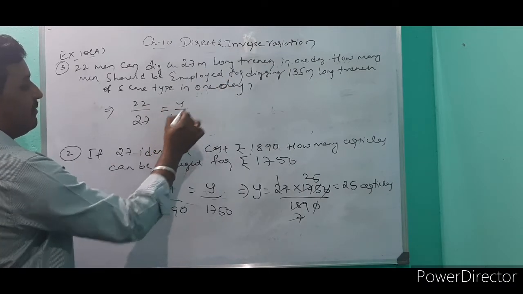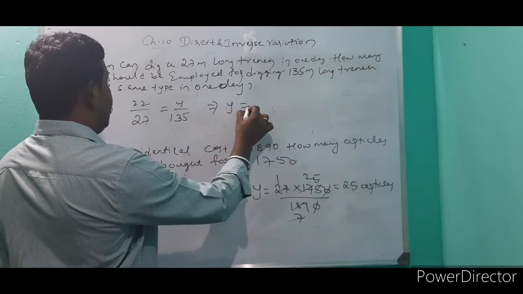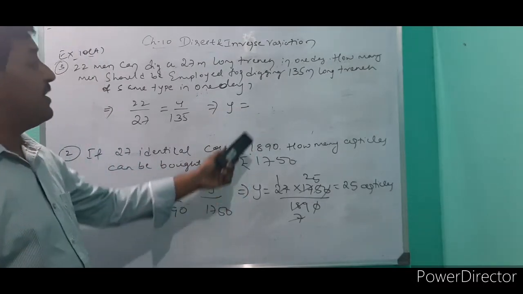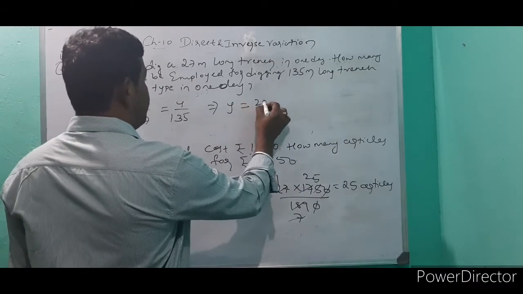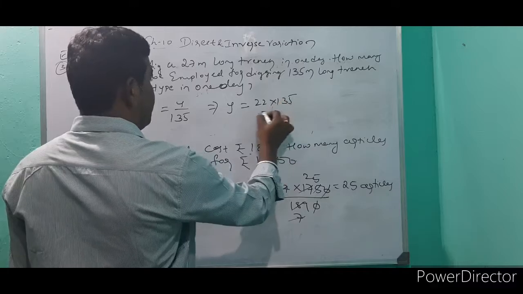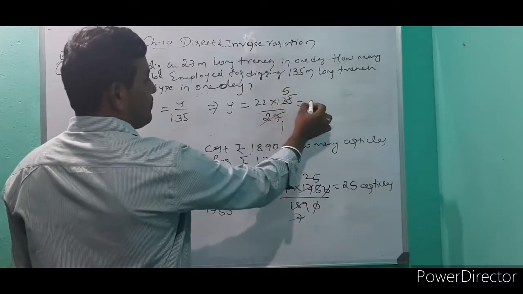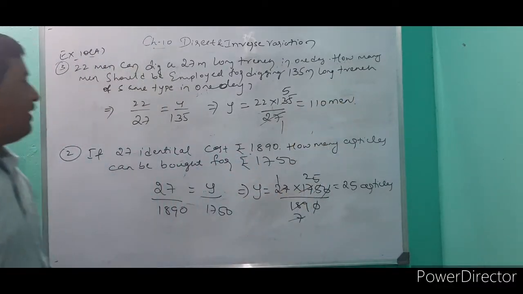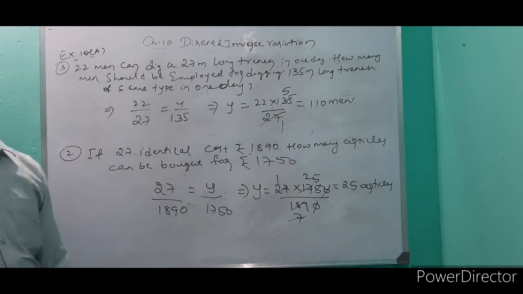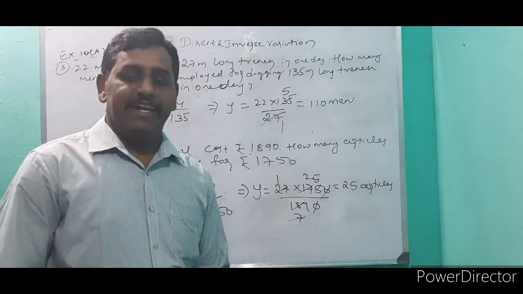To dig a 135-meter trench, you can cross multiply. Y is the number of persons digging a 135-meter trench. 22 into 135 divided by 27. 27 ones are 27, 27 fives are 135, so that is 110 men required for digging a 135-meter trench in one day.